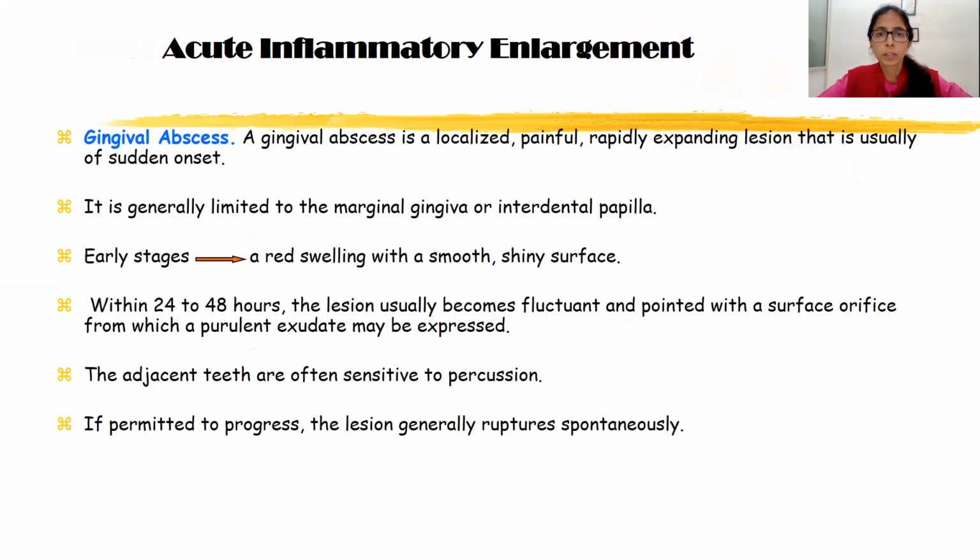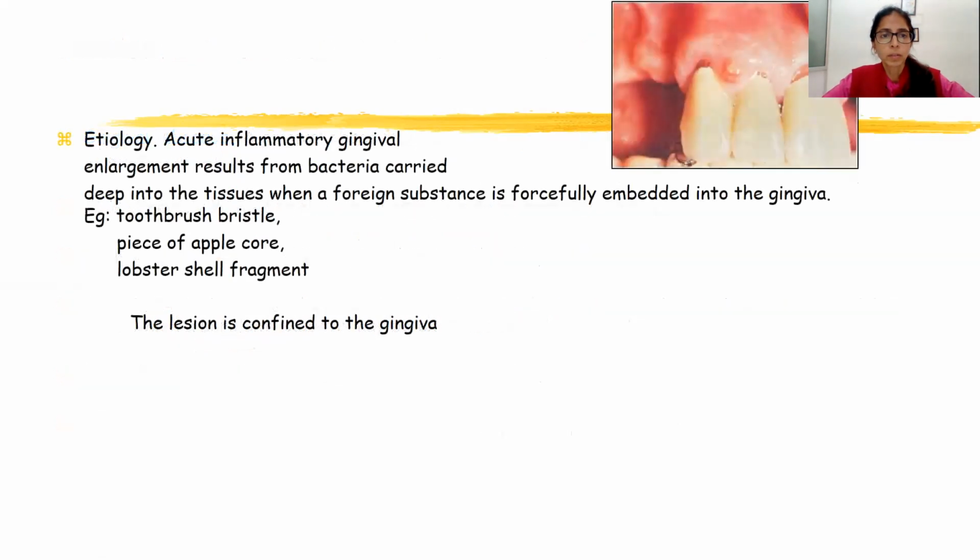Acute inflammation, as previously mentioned to you, is seen in conditions such as a gingival abscess, a periodontal abscess or a pericoronal abscess. When it is a gingival abscess, it remains confined only to this portion, right? Only to this portion. Most commonly, the patients will give a history of maybe biting on a hard object or toothbrush laceration.